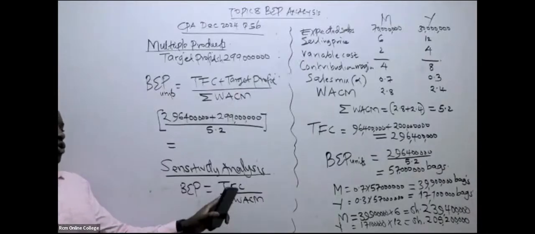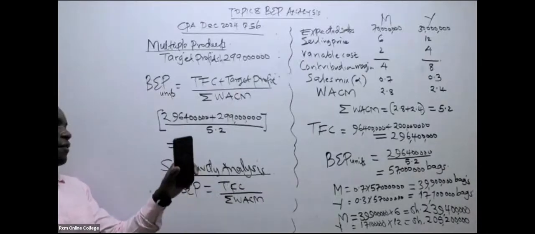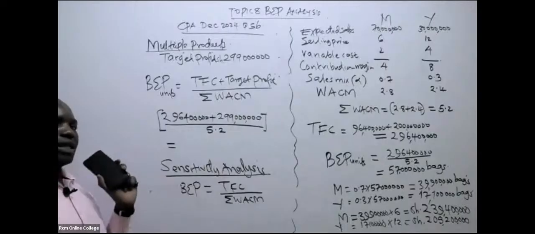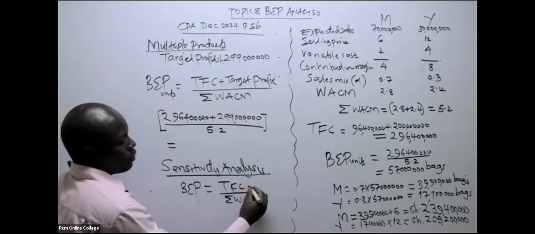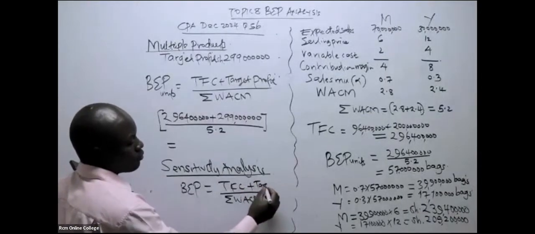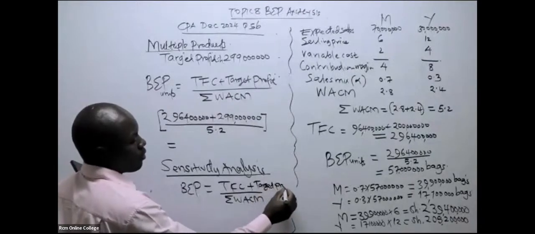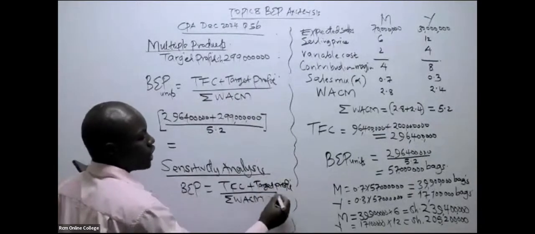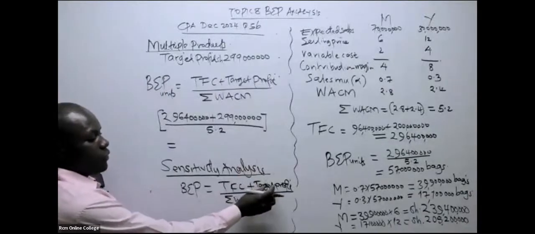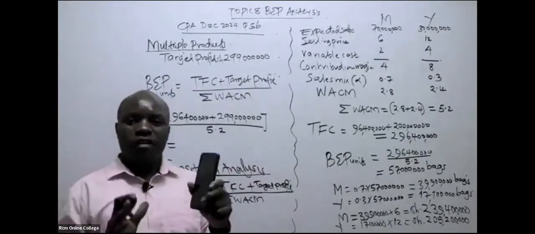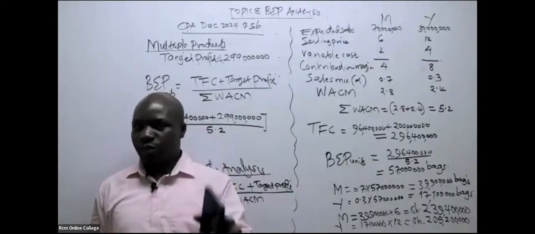The numerator I can interfere with by introducing target profit. Originally, we were not having target profit. What if I keep everything constant but introduce target profit?